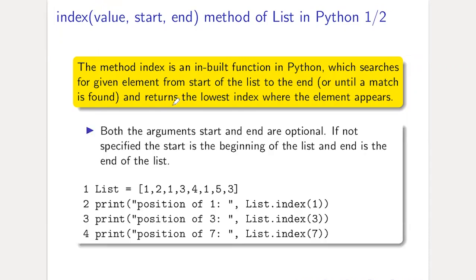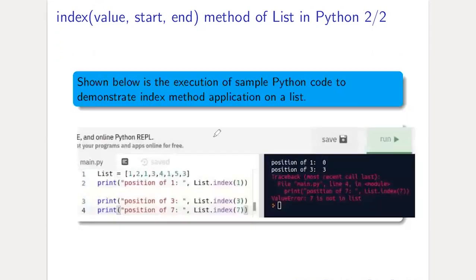So here's an example. Let's look at its execution. The original list has 1, 2, 1, 3, 4, 1, 5, 3, like that. If I search for 1, sorry, I'm searching through the entire list here, so you can do a sub list and check yourself.